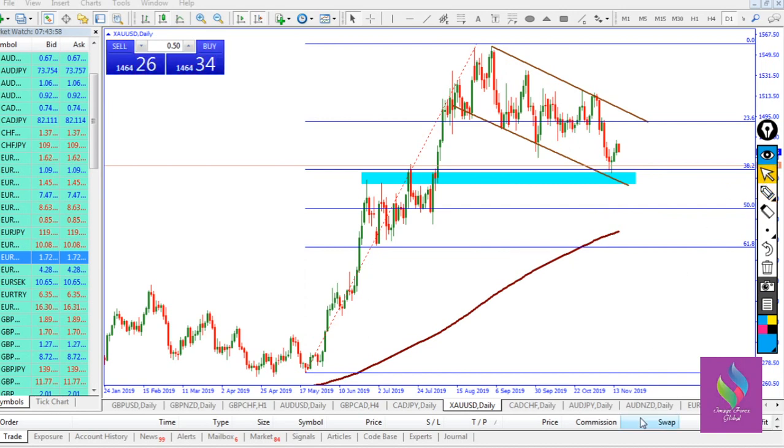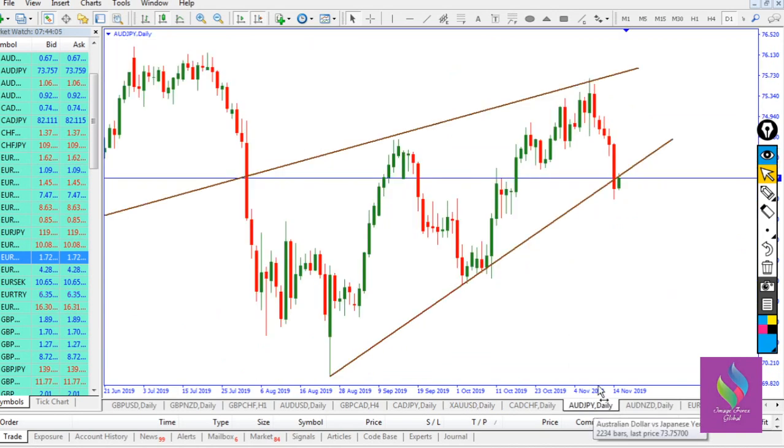Okay, and let's look at Aussie JPY. Very nice setup. We took profit into this region, and we took a trade right here from the group, shared a signal, and took a trade right here into this region, expecting price to get there. Yesterday price pulled back into this region, and we were able to take profit.